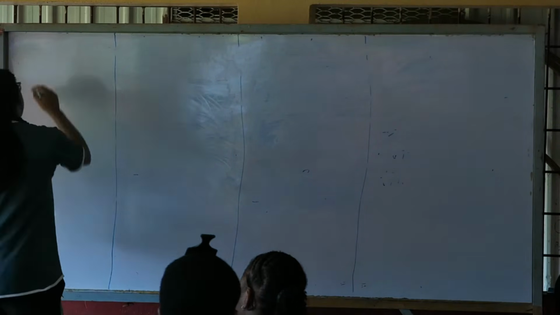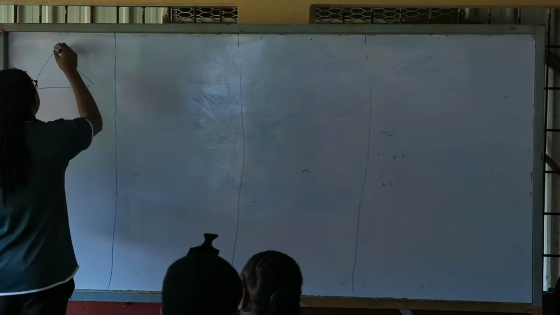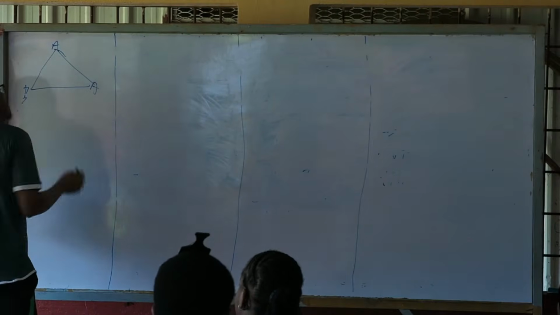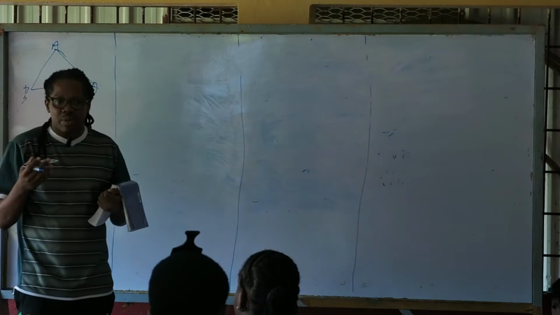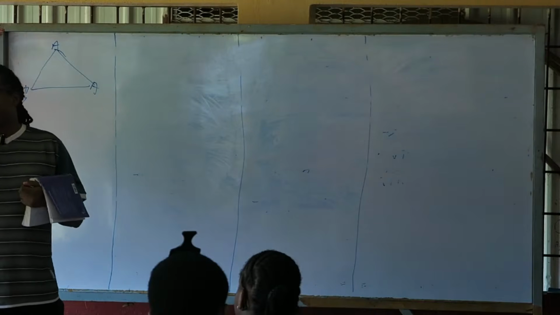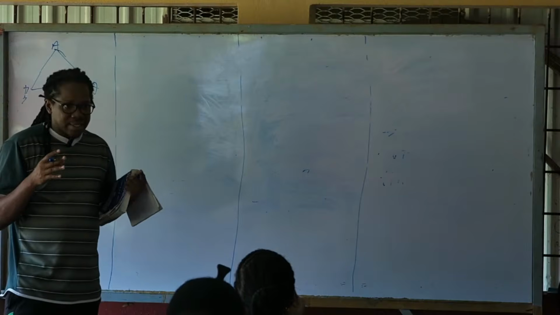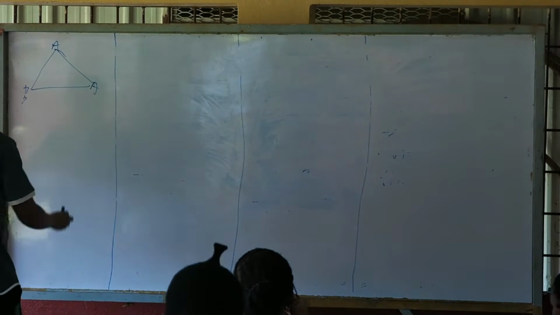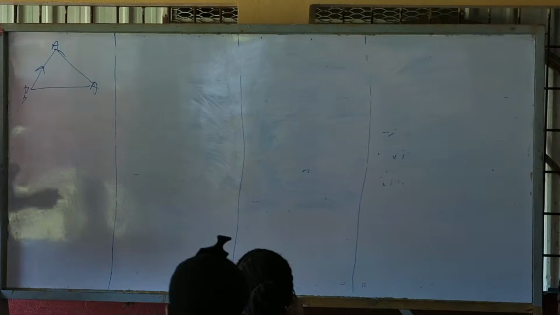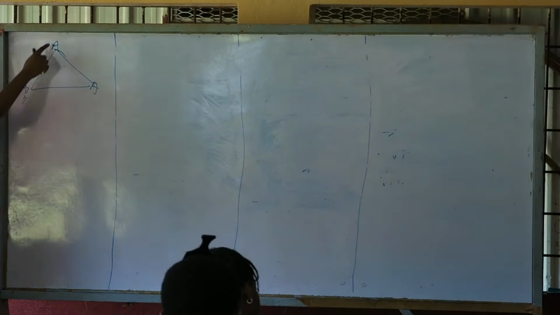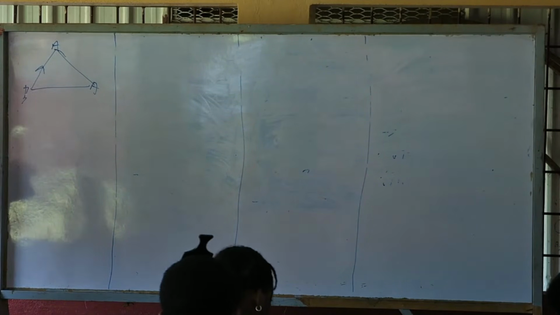Now, therefore, when we started out with a triangle, it never mattered if we said AB or BA, because AB and BA have the same distance. And when we worked out area and perimeter and all of that, it was only based on the distance. Now that we go to vectors, you must tell me what the direction is. So in this case B to A is different from A to B. Everybody understand that?